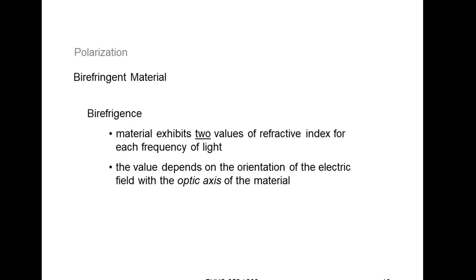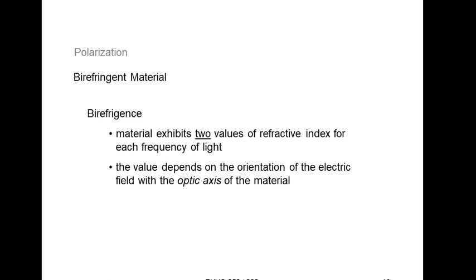So these materials exhibit two values of refractive index for a particular frequency of light. We mentioned when we talked about dispersion that a normal material will have slightly different index value for each frequency, which gives rise to the dispersion properties of the material.